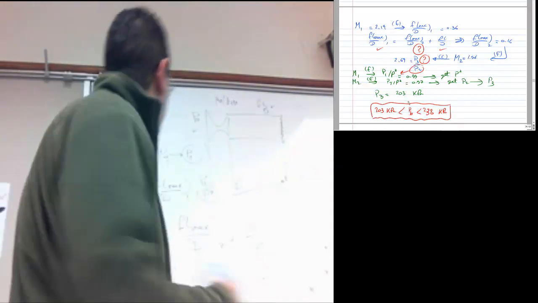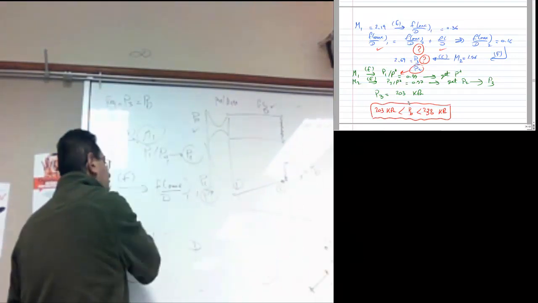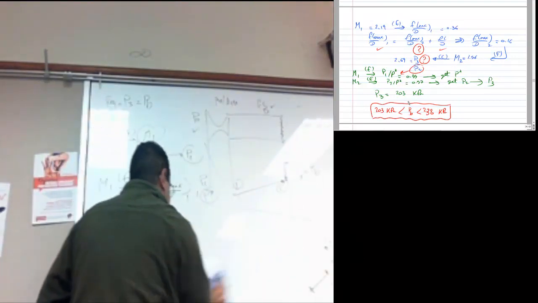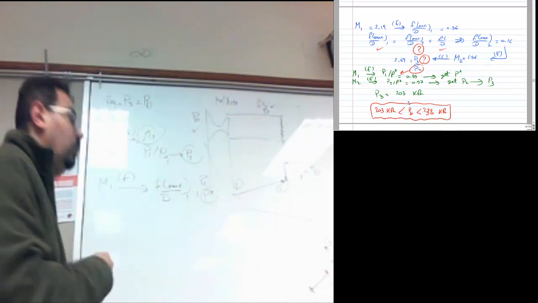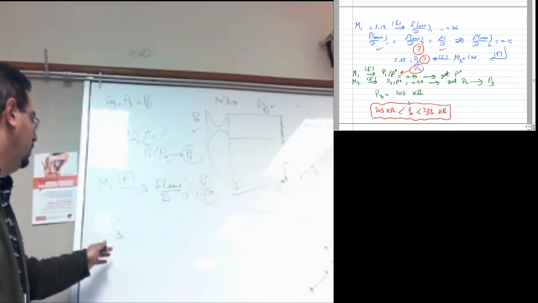I just need to warn you about something. So, in the book, when he tries to get, say, P3, you will find it like this. Every year the students get confused and come tell me, what is that?